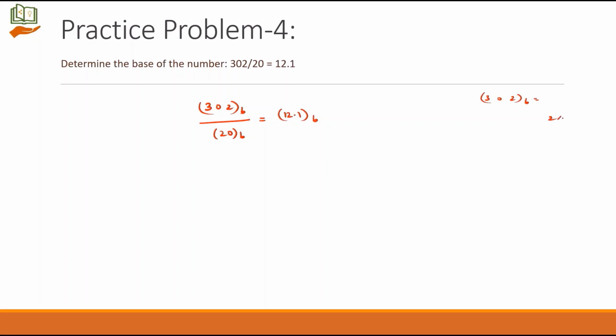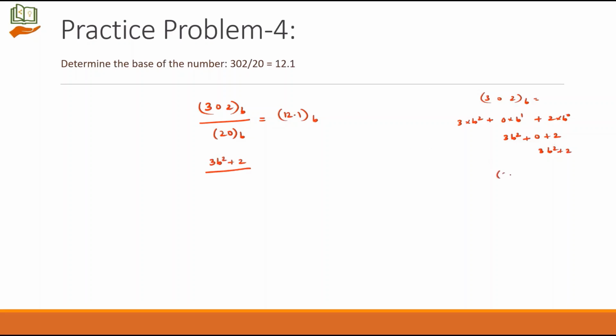This is 2 into b power 0 plus 0 into b power 1 plus 3 into b power 2. So this is 3b square plus 0 plus 2 into 1, it is 2. So we can write this as 3b square plus 2. So this is 3b square plus 2 divided by.